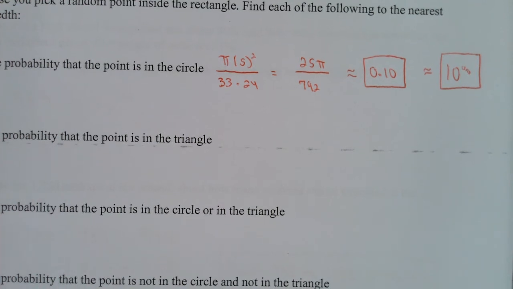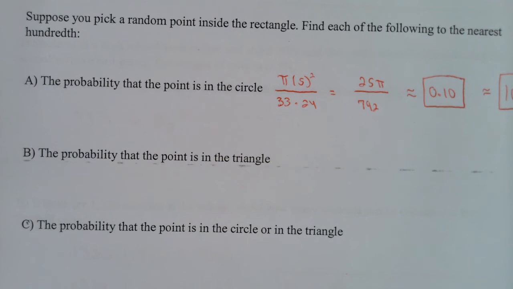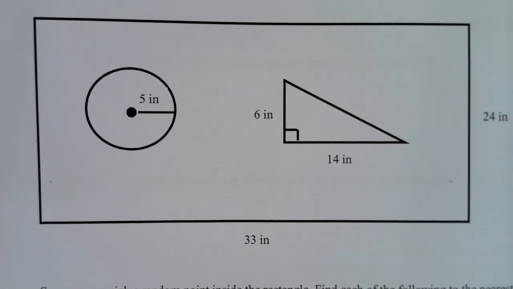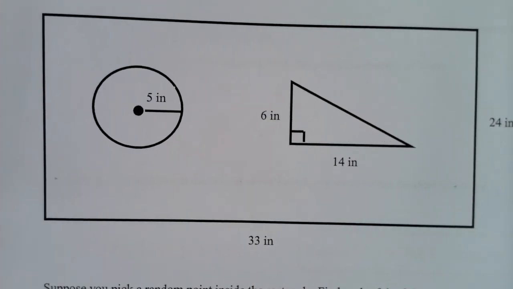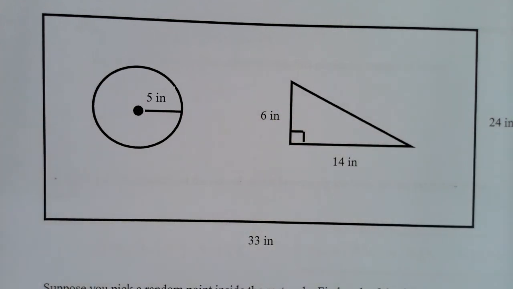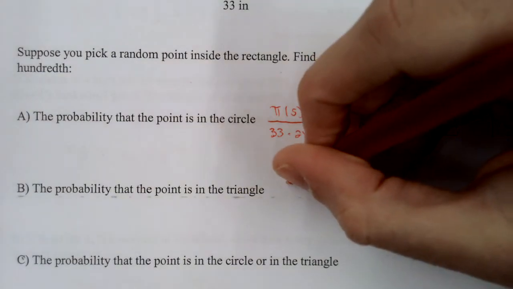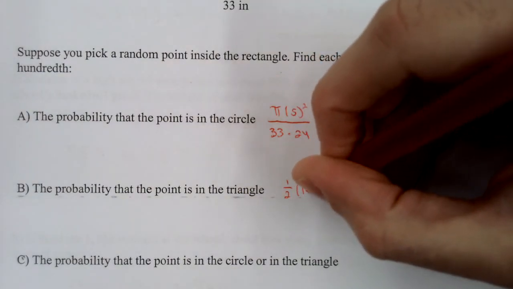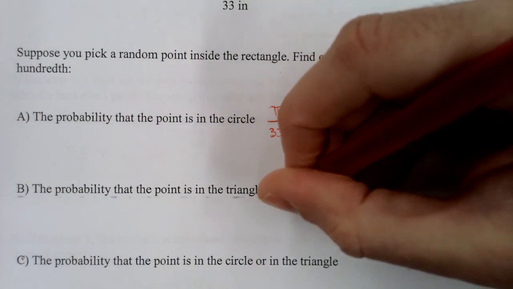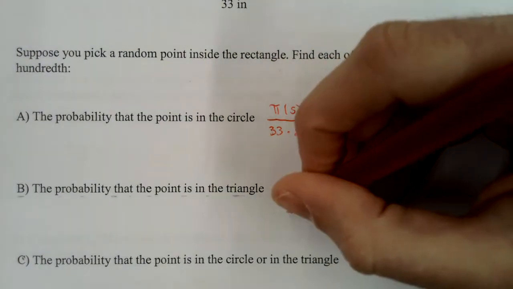Part B, find the probability that the point is in the triangle. So we're going to do the area of a triangle divided by the area of the entire rectangle. For a triangle, the formula is 1/2 times base times height. So in this case, 1/2 times 14 times 6, divided by the area of the rectangle, the same thing as part A, 33 times 24.